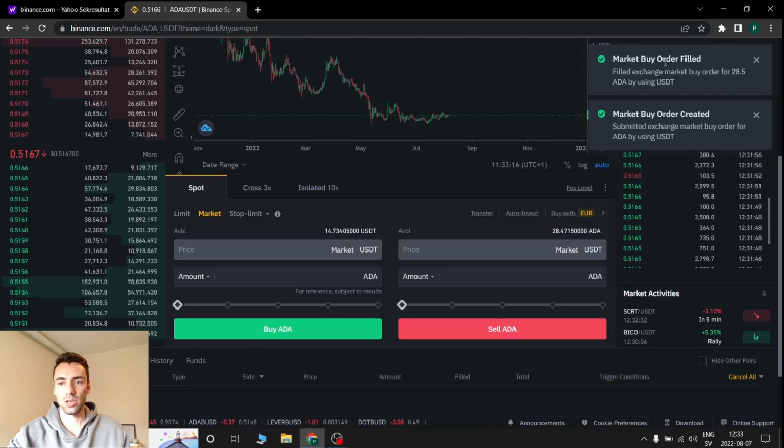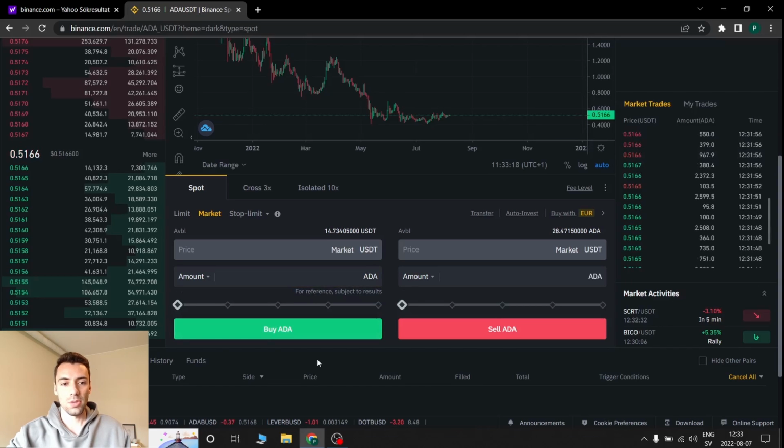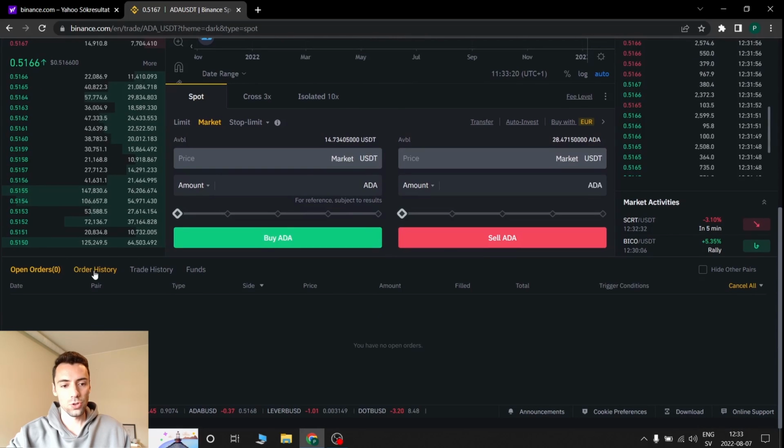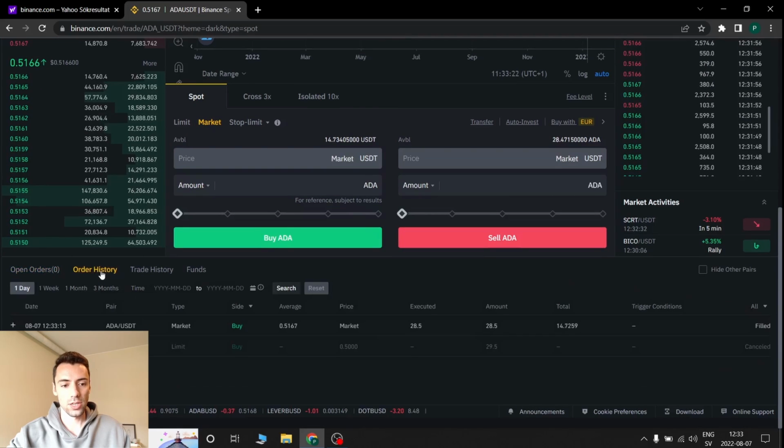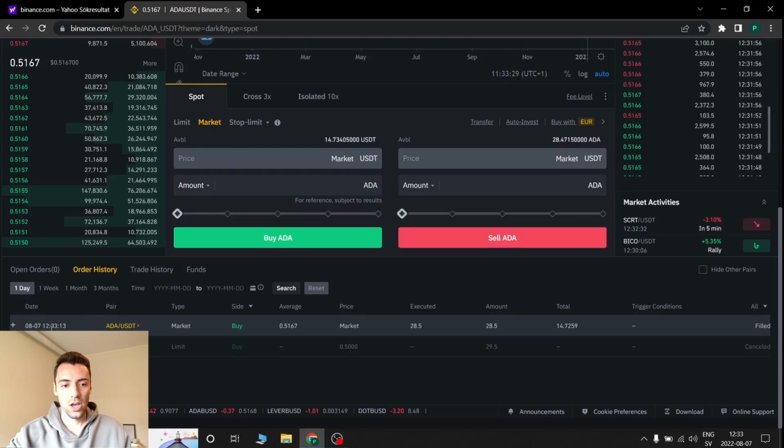Here is the market buy order, and if you go through the order history, this was the previous one which I canceled, and here we opened an order at this date and time, the type is market buy, and what is the price? 51.67.